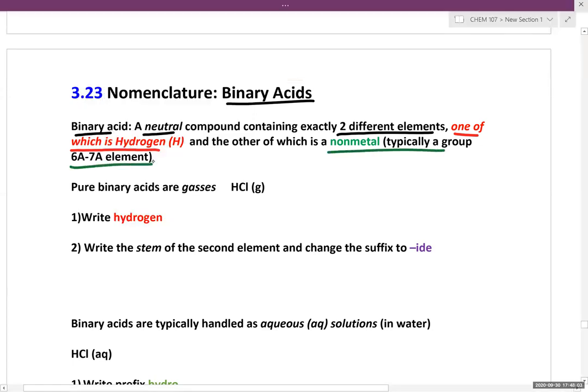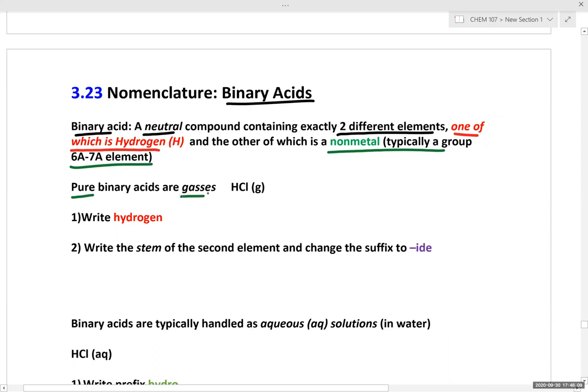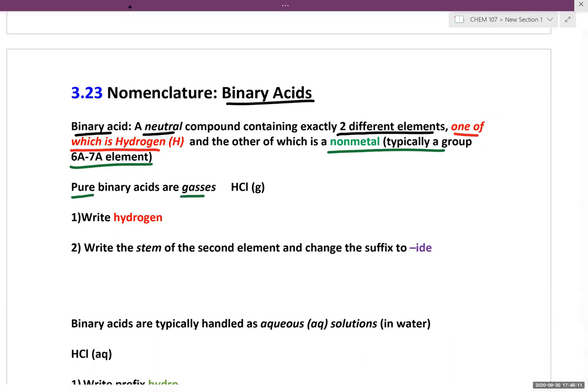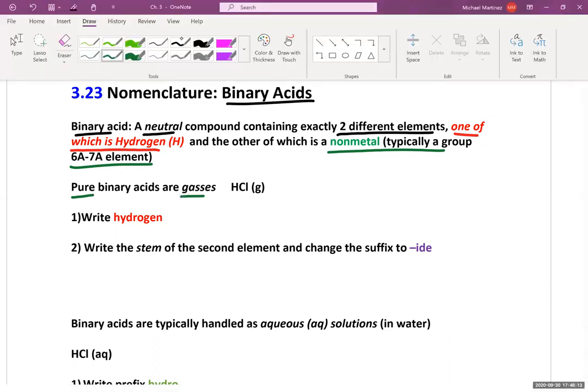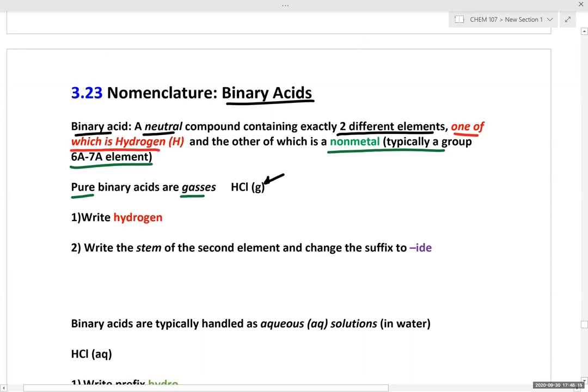So the state symbol is really important here. Pure binary acids are gases. So if you see the gas state symbol, we have to use the following naming convention. You write hydrogen, and then you write the stem of the second element and change the suffix to IDE.